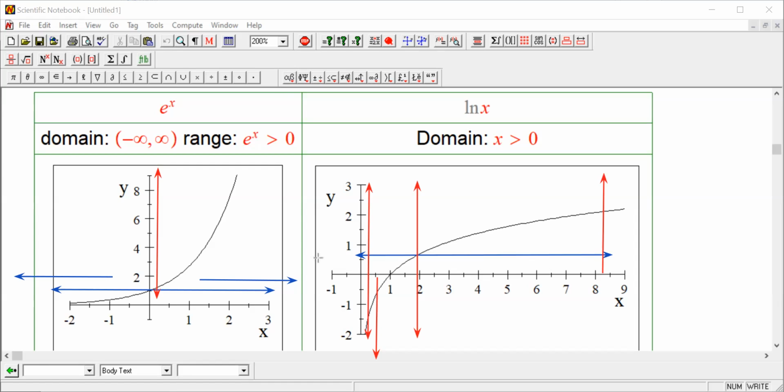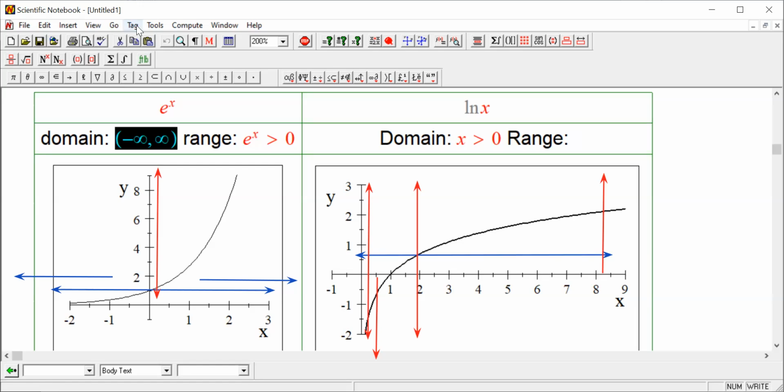So the range for ln x is from negative infinity to positive infinity, which is the same as the domain of e to the power x, because these two functions are inverse functions of each other.